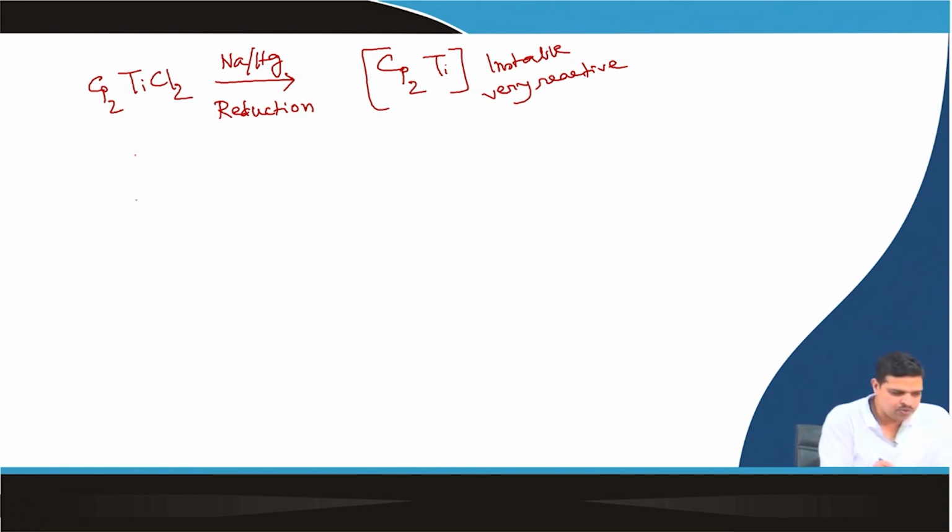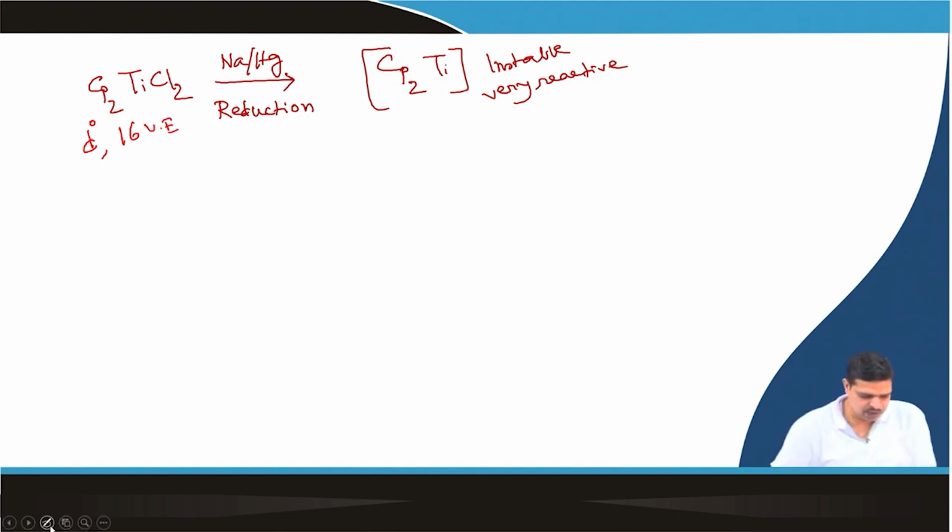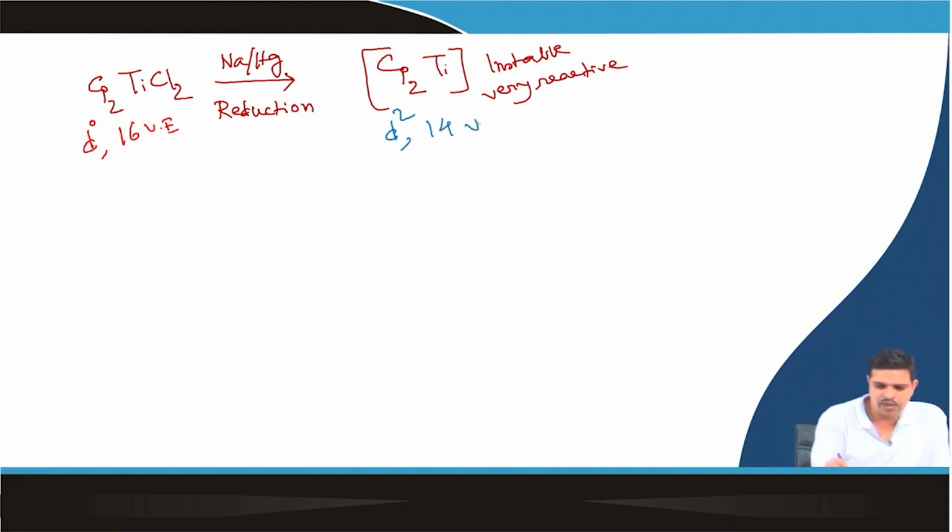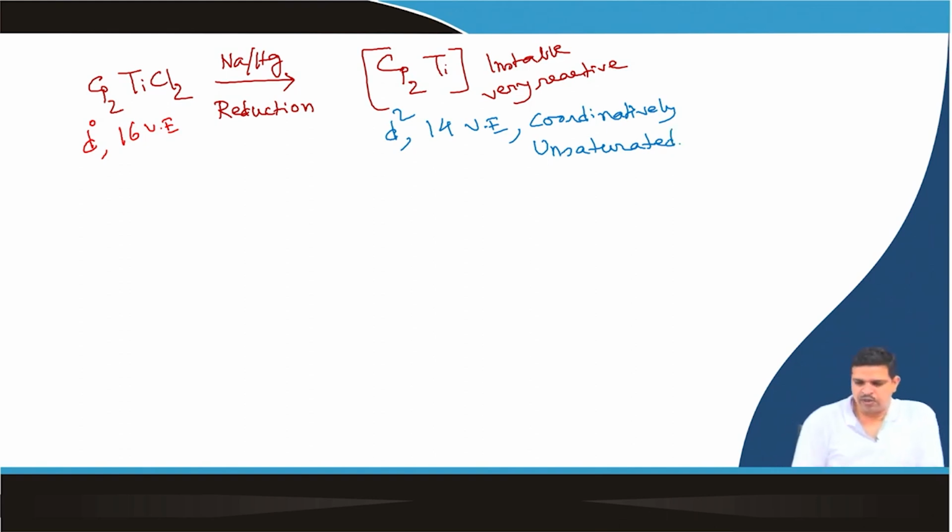Cp2TiCl2 is a D0 system, and it is 16 valence electron, whereas Cp2Ti is a D2 system because the reduction is happening, and it is 14 valence electron, and you see it is coordinatively unsaturated.